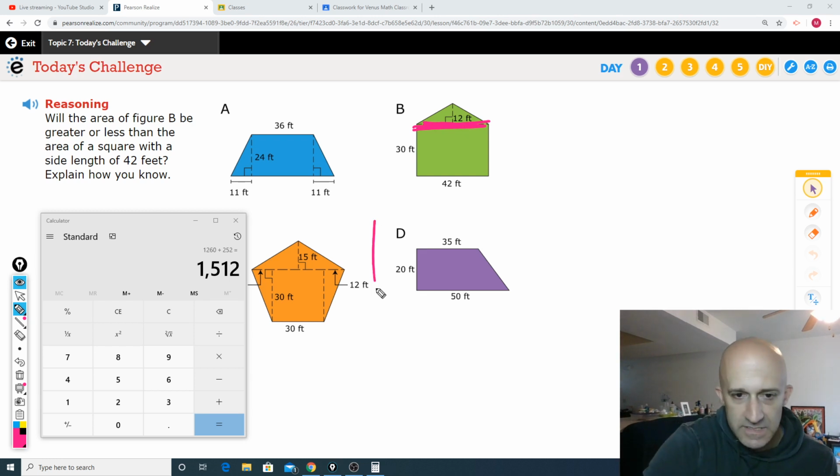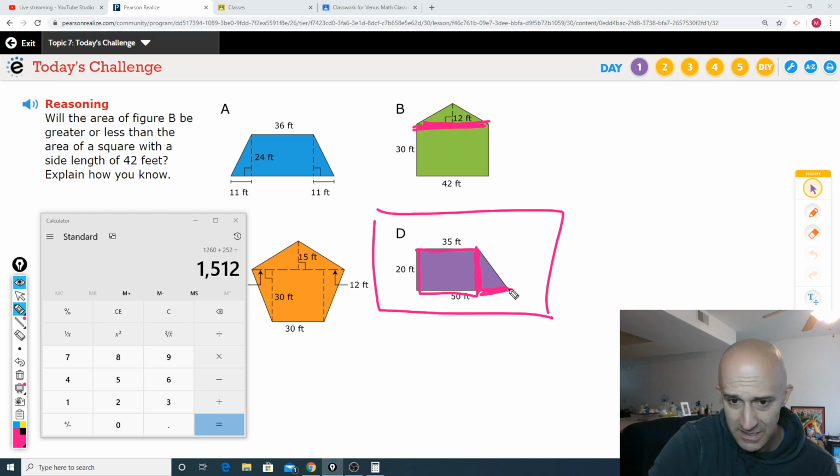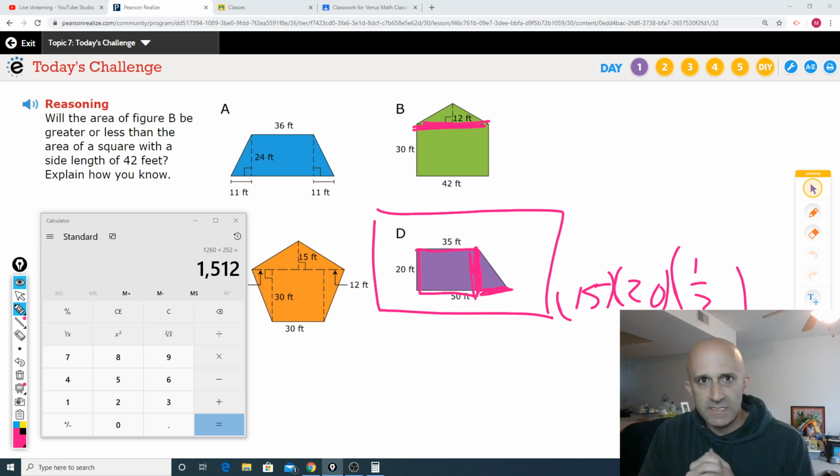Like if I looked at letter D, I can take this and cut that triangle off, so that you would have a figure of 35 by 20, and then you'd be able to do your subtraction, knowing the base here would be 15, the height would be 20, 1/2, and you can continue from there. Exactly, Lucas.